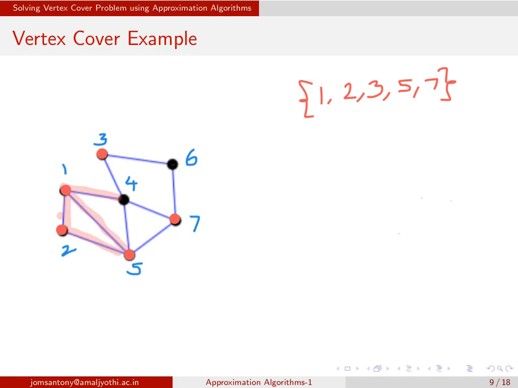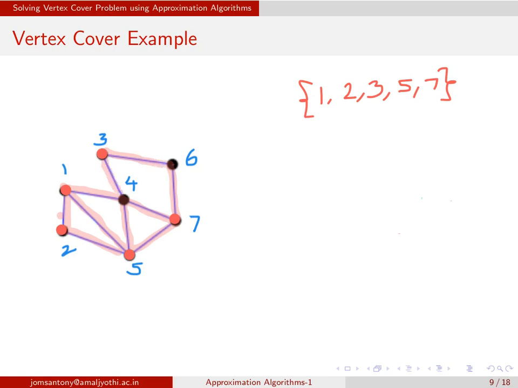And the edges covered by 5 which are unmarked are (5,7), (5,4). And the edges covered by 7 are (7,6), (7,4). And the edges covered by 3 are (3,6) and (3,4).